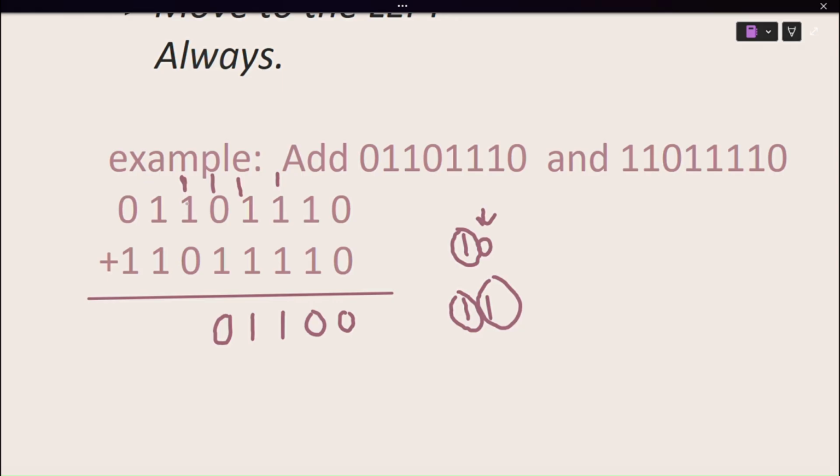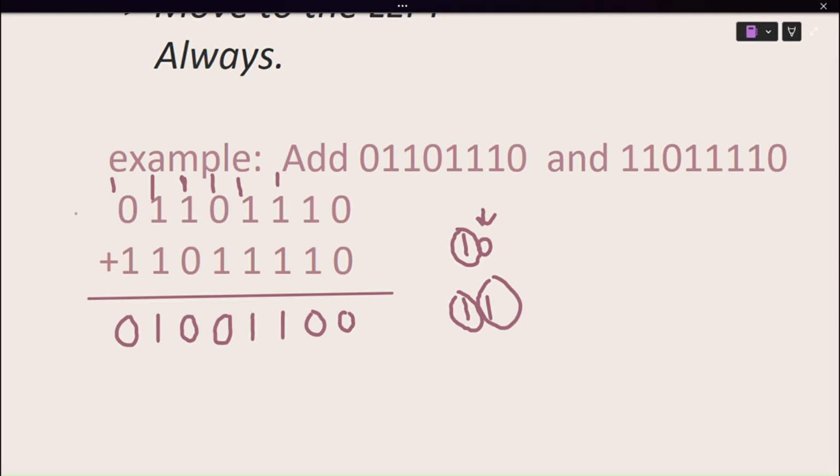Now you can see 1 plus 1 plus 0. Ignoring the 0, 1 plus 1 is again 10. 0 here and 1 carry. 1 plus 1 plus 1 is equal to 11. 1 sum and 1 carry. Finally we have 1 plus 0 plus 1. Ignoring the 0, 1 plus 1 is going to be 10. So I'm going to write 0 here.